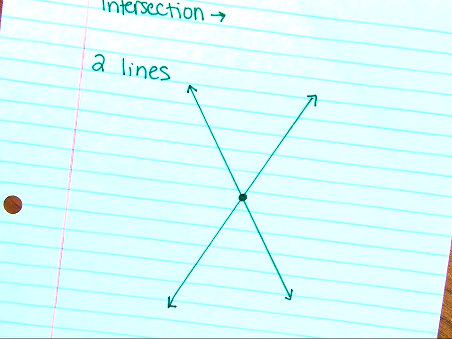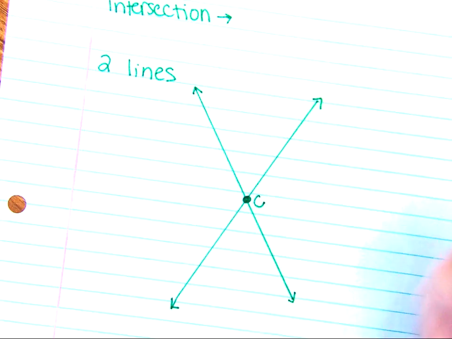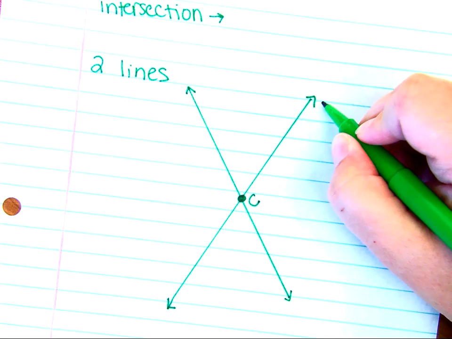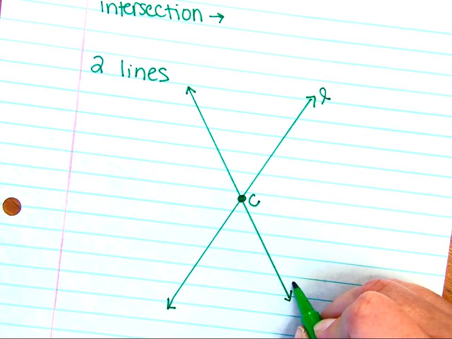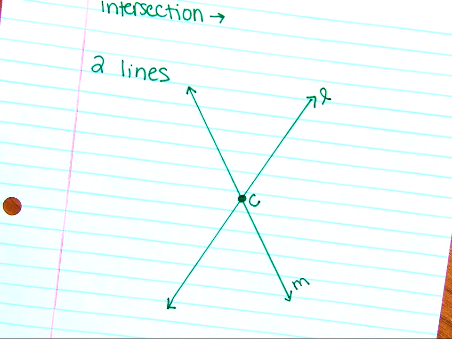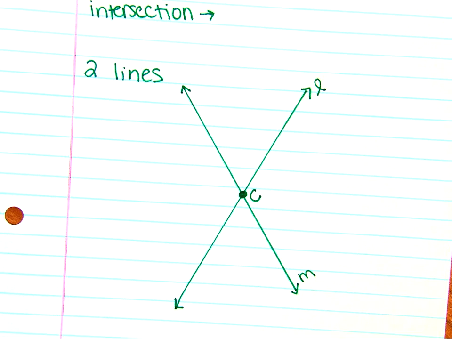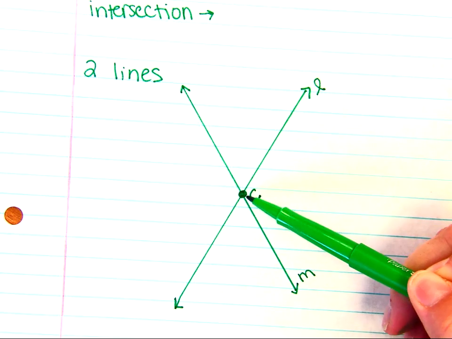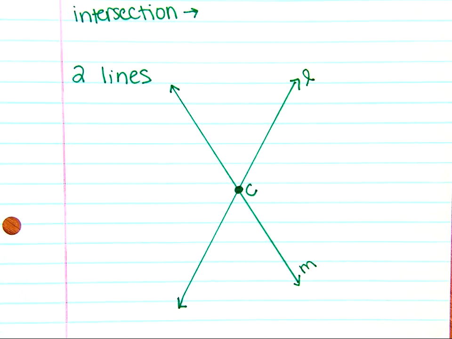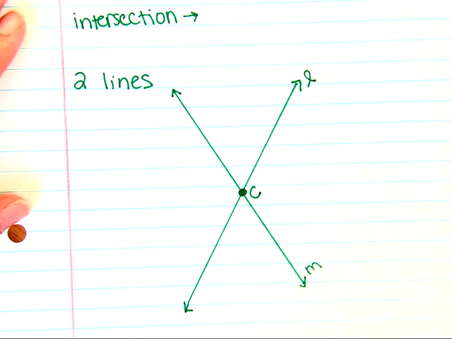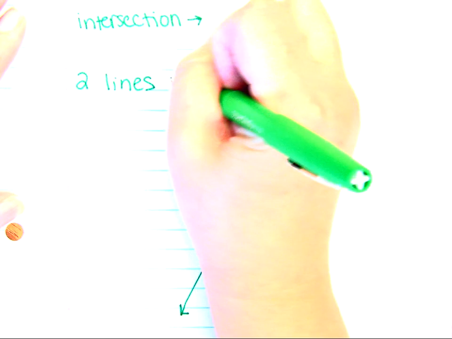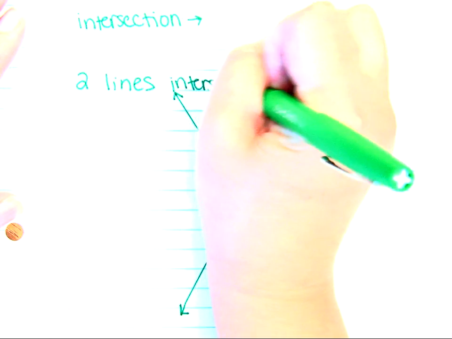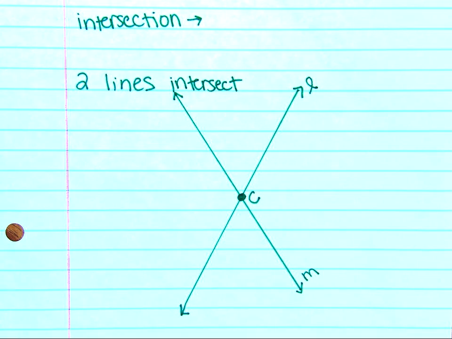So let's call our intersection point point C. And let's say this is line L and line M. So I could say that line L and line M intersect in exactly one point, and that is point C. So two lines intersect in exactly one point.